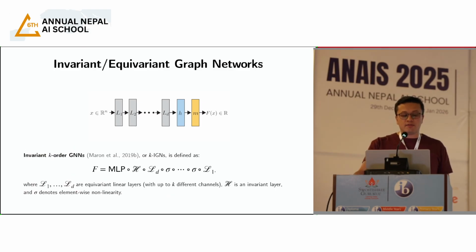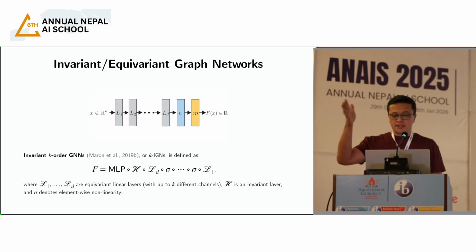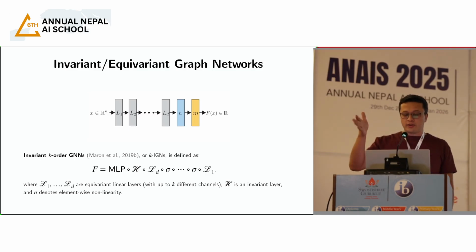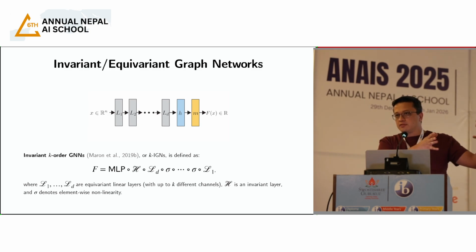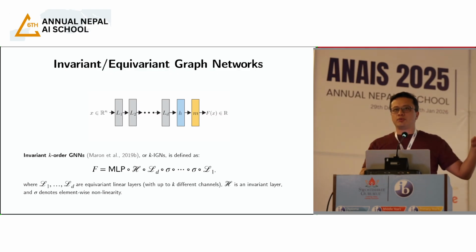And then the resulting invariant k-order graph neural network given by Maron et al. has the following shape. So I have these equivariant layers that are composed. And at the end, I put an invariant layer, again, the classical trick. And at the end, I put an MLP for the downstream task, or as a decoder, basically.